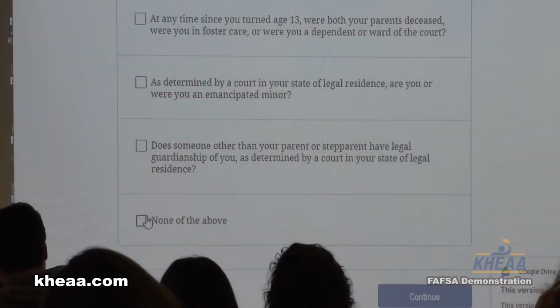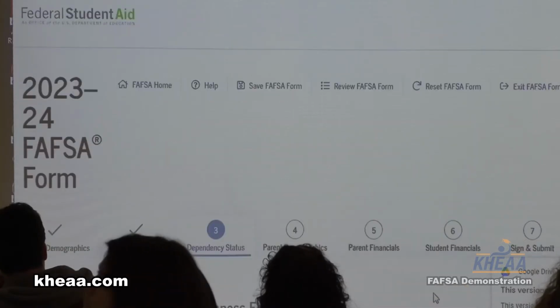A lot of the time you see that if one of your parents is deceased, or say one of them's deceased and the other one's incarcerated. Most of the time you'll see it in that situation, where somebody else has guardianship of you, okay? Otherwise, you'll have to claim your parents. So none of the above is what I'm going to put.